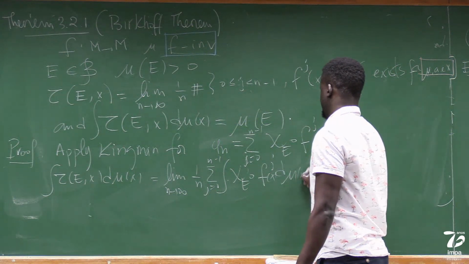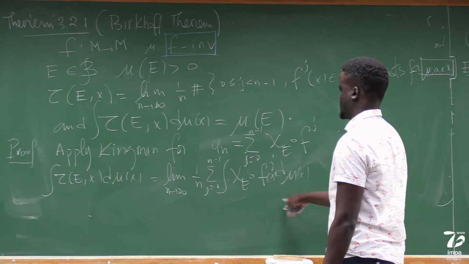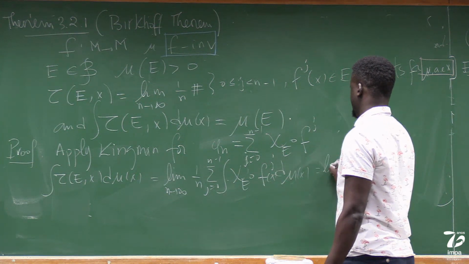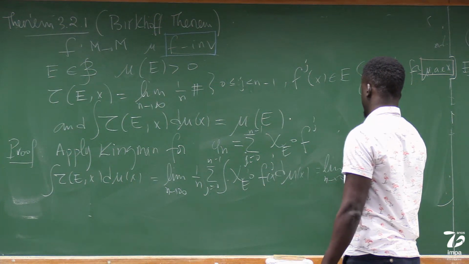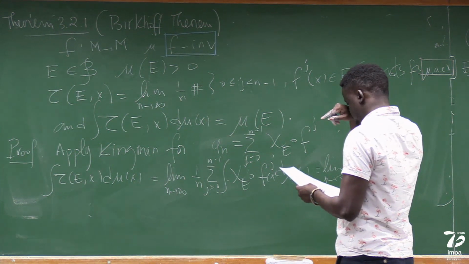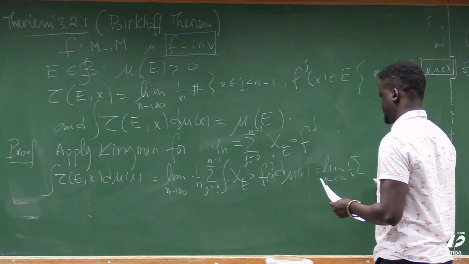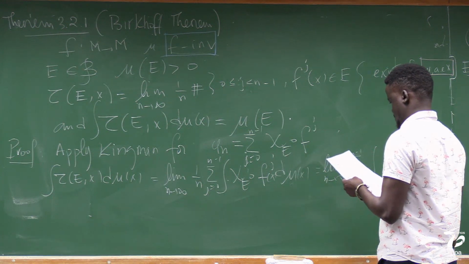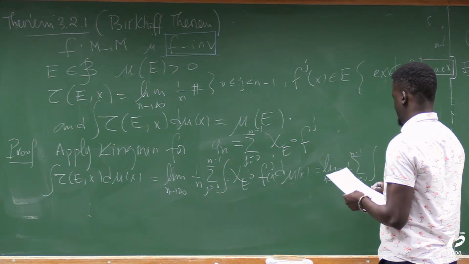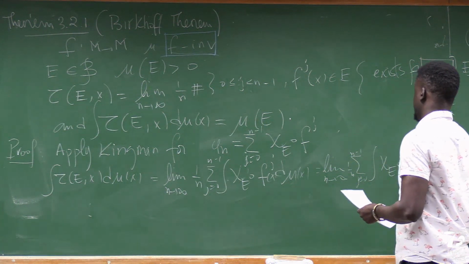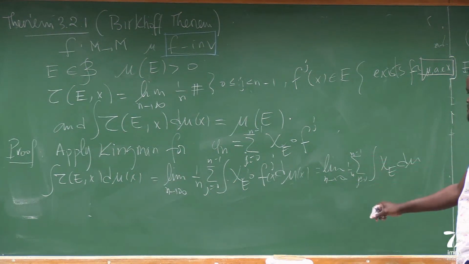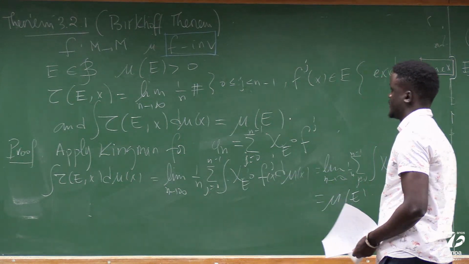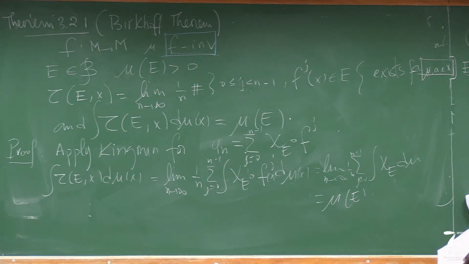By invariance, f star mu equals mu, so this is the limit of 1 over n of the integral of the indicator function of E d mu, and this is mu of E. So that is an easy application.